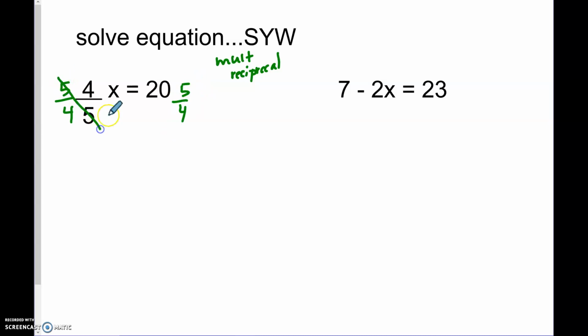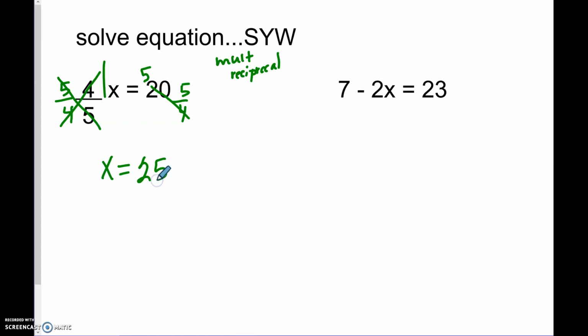So these 5's become a 1, these 4's become a 1, so we really have 1x, and remember we can just write that as x equals. Now you can use your calculator and take 20 times 5 and divide by 4, or you can take 20 times the fraction 5/4. And what we end up with is 4 goes into 25 times, and 5 times 5 is 25.